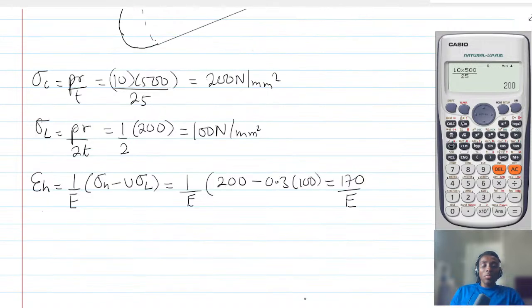And then epsilon L, which is the strain along the longitudinal axis, is again 1 over E into bracket sigma L, which is the longitudinal stress, minus Poisson ratio into the hoop stress.